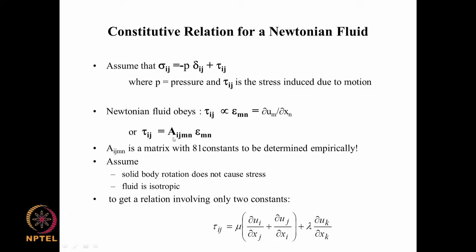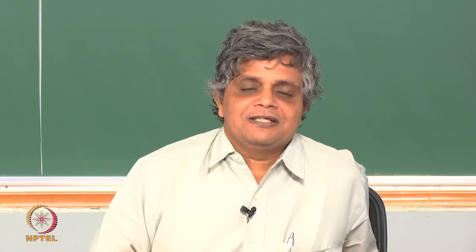So, that means that A is a matrix with 81 constants, and all these 81 constants are supposed to be material properties of the fluid, just as spring constant is a physical property of the spring. Here we are talking about a fluid property, viscosity, and there are 81 types of viscosity. That is what we are saying here.